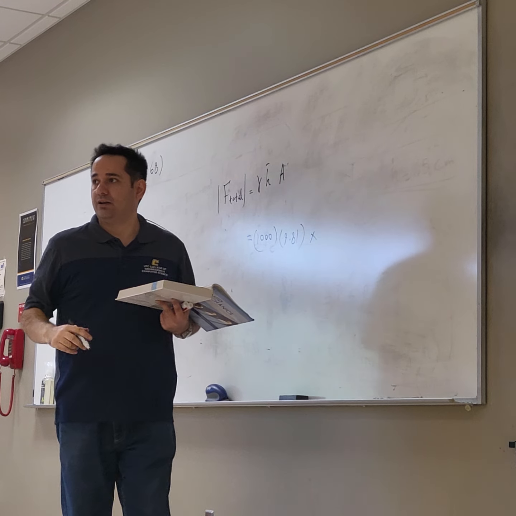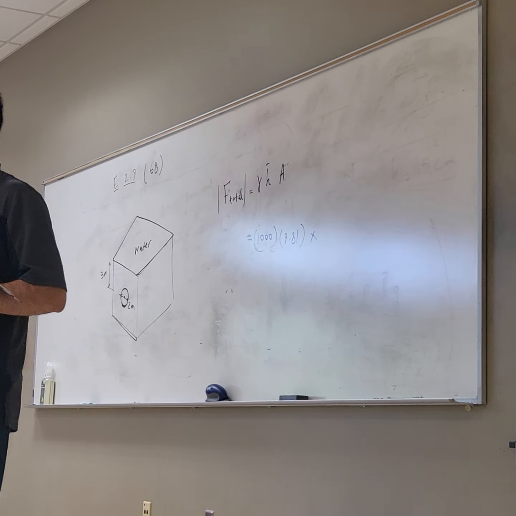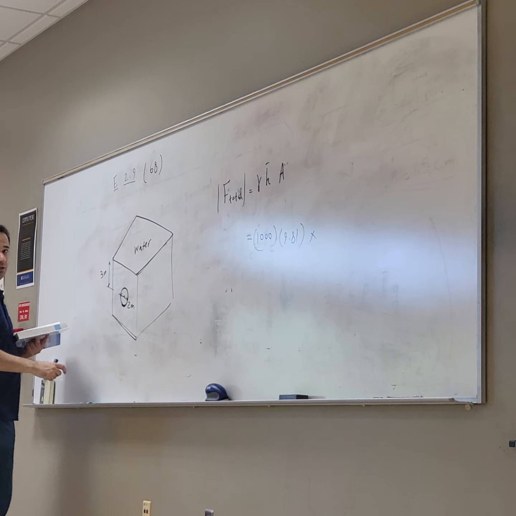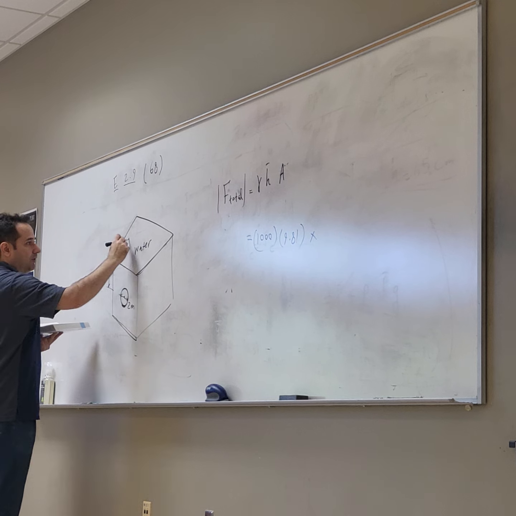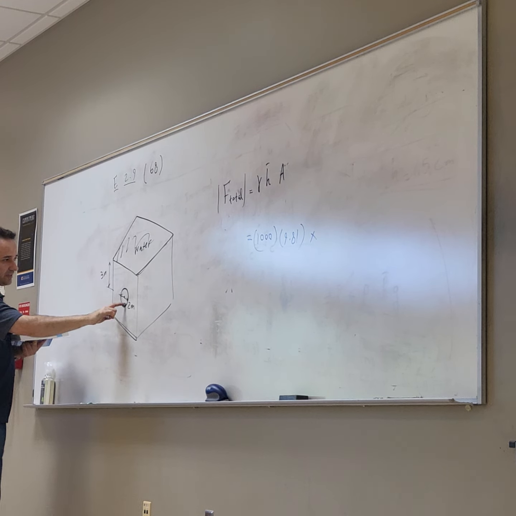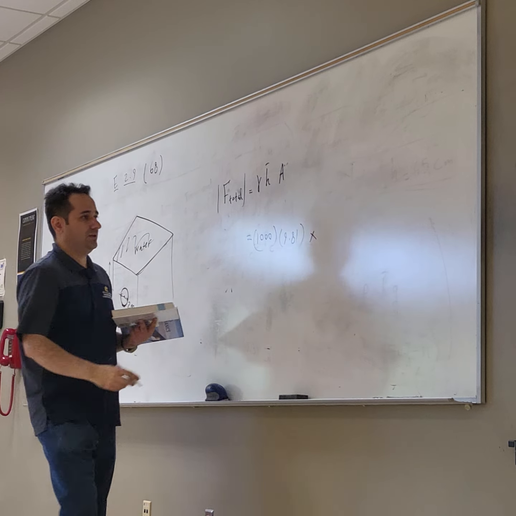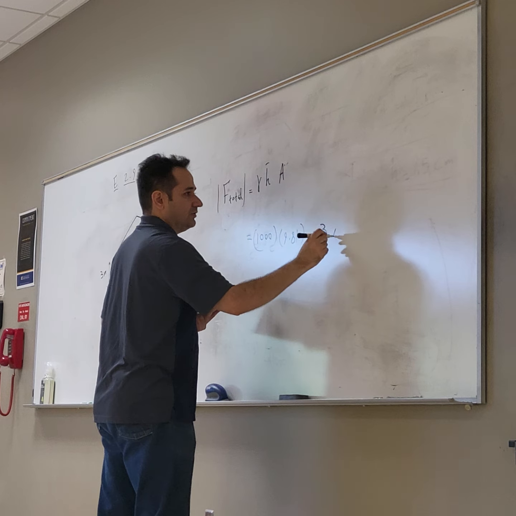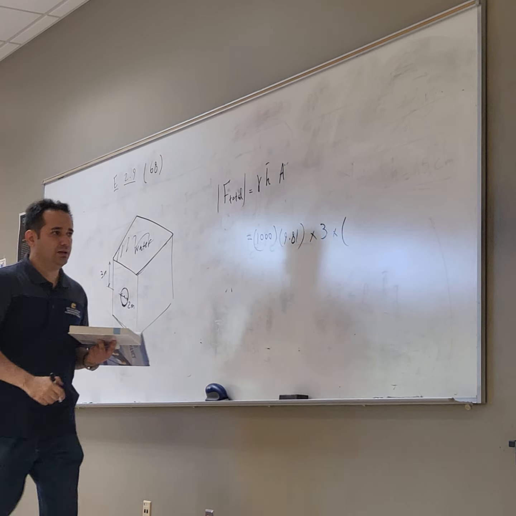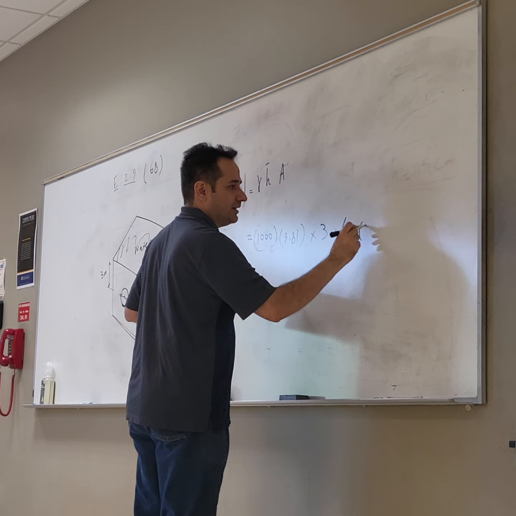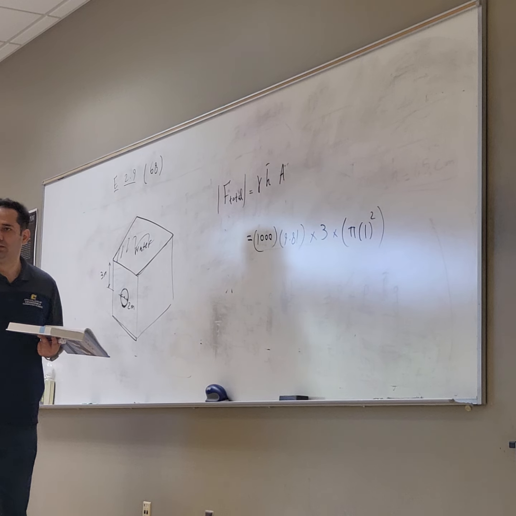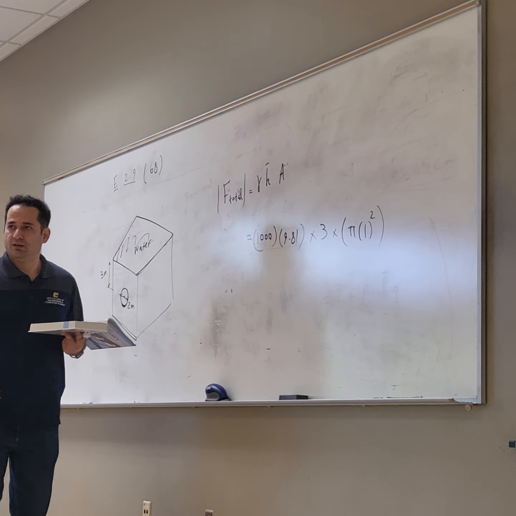What is h bar? The height of the centroid from the level of the water. If we assume the water is all the way to the top, that distance to the centroid is 3. So h bar is 3, times the area. What's the area of that window? Pi r squared. The radius is 1, squared. That's it. Very easy.